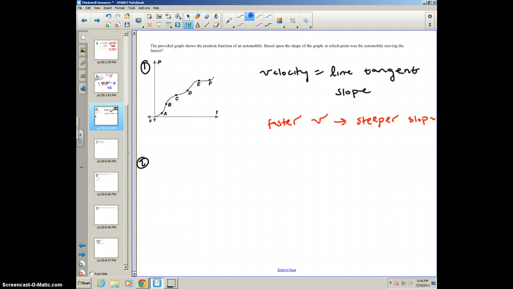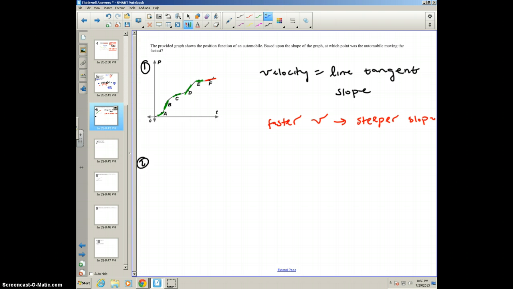We'll begin with F. We see that it is almost horizontal here, so that can't be it. At E, it is horizontal, so that can't be it. At D, we see that the slope is somewhat steep. At C, not quite steep. At B, it is very steep. And at A, it is somewhat steep.